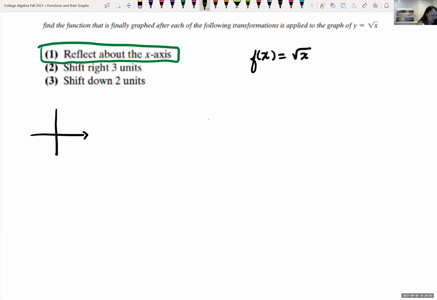Is this affecting the x or the y value? If we're taking a point and reflecting it across the x-axis, that's changing the sign of my y value. f of x is the same thing as y, and so to change the sign of y, we would have to look at a negative outside of f of x. And so this would give us negative square root of x.